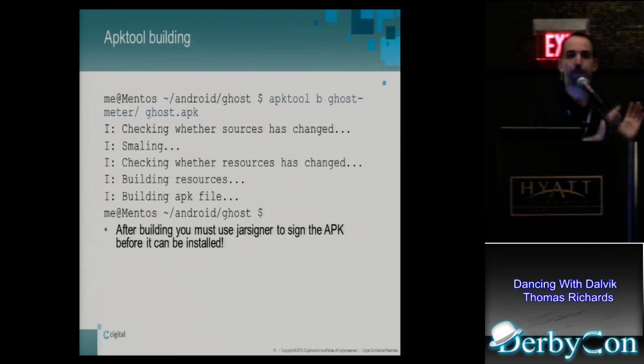Now the important part about this step is that the APK is not signed at this point. So it's still just a plain APK. And on Android, you need to have a signed package to be installed onto the device. It doesn't have to be a trusted cert, it just has to be signed.